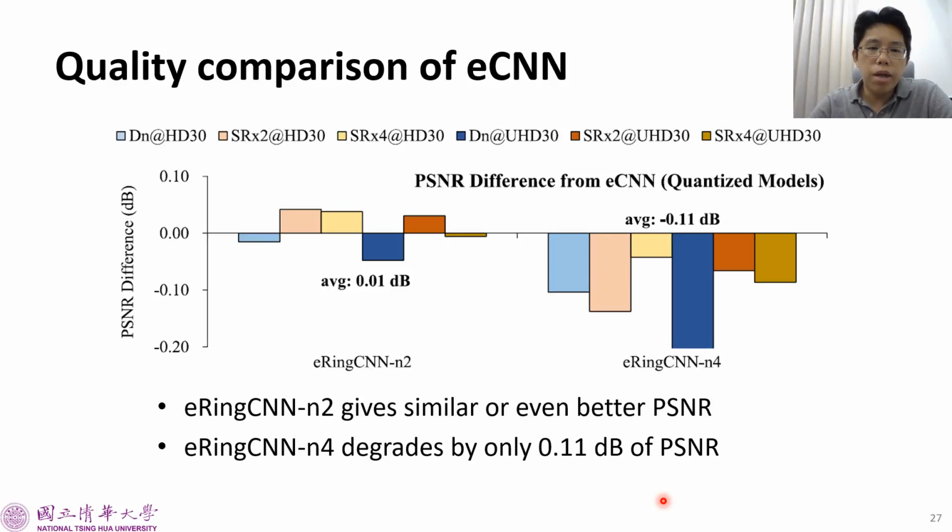Now we compare them to the baseline eCNN. For image quality, the N2 case gives similar or even better PSNR. And for the N4 case, the PSNR is only degraded by 0.1 dB.